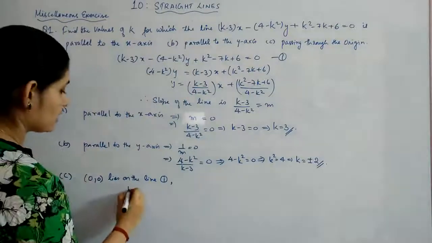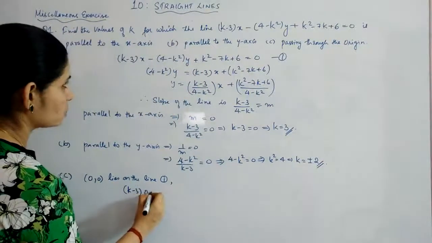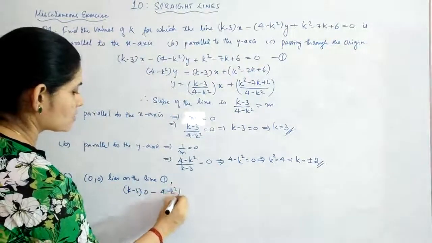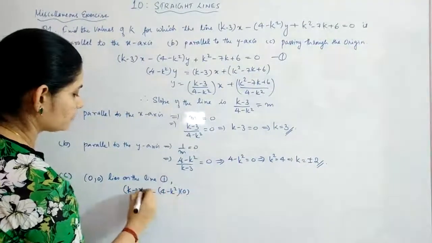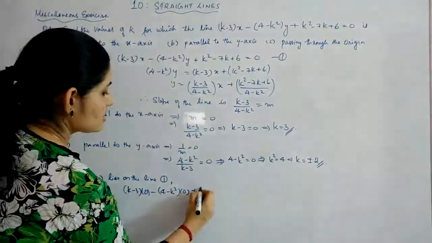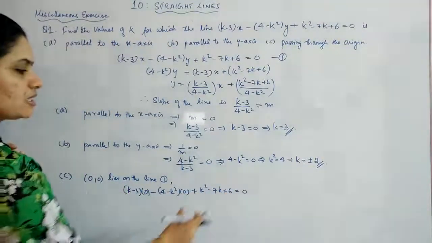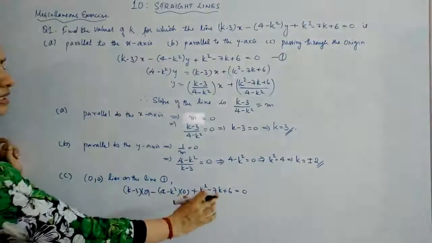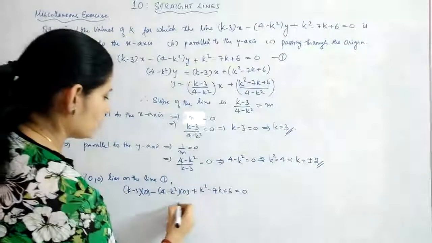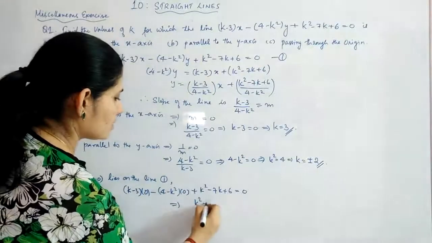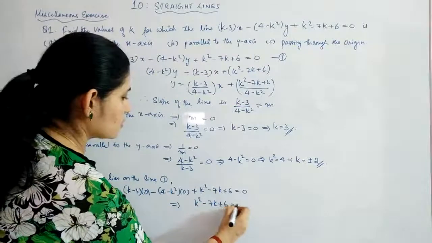You will get (k minus 3) into 0 minus (4 minus k square) into 0 plus k square minus 7k plus 6 equal to 0. That means you are just getting the constant term equal to 0, which gives k square minus 7k plus 6 equal to 0.